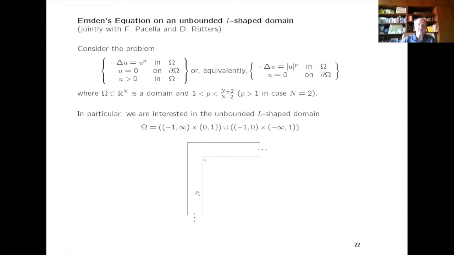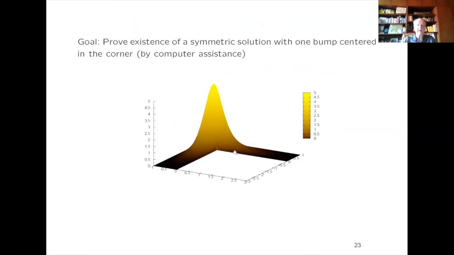And then in a second step, we use coefficient homotopy again. So from this piecewise constant coefficient, we go up to the true coefficient, as before.